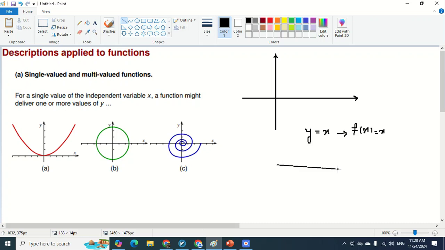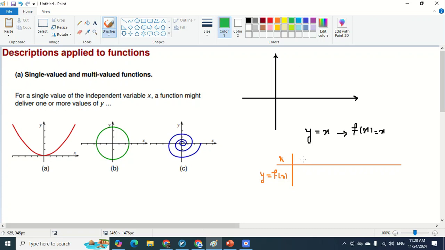For this reason, I sketch a table, a T table for instance, to determine these values. I put the x values in the first row, and in the second row we can use the value of f of x, or the corresponding value of y. So right now I put some values over there.